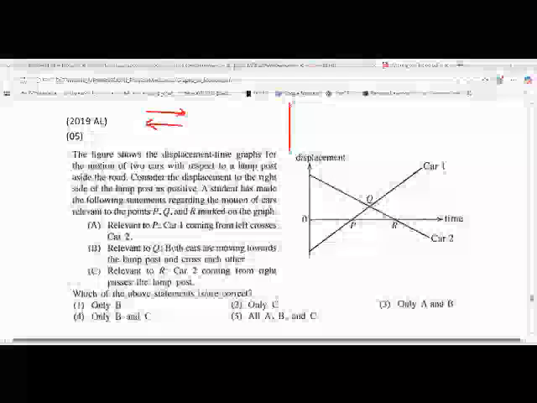From the observation point, you must consider positive and negative. When right side is positive, if you pass the observation point to the opposite side, the displacement should be negative. But in velocity, don't consider the observation point. You can consider directly: when right side is positive velocity, the opposite side should be negative velocity.